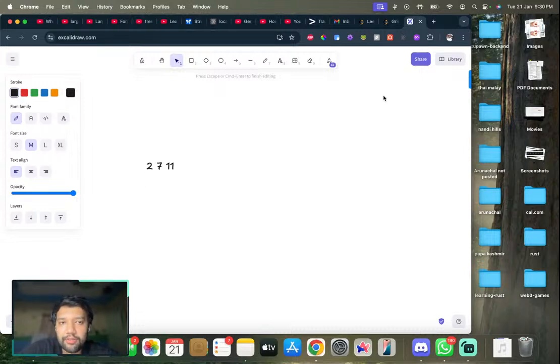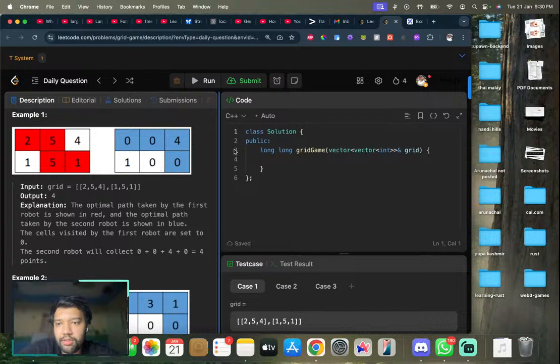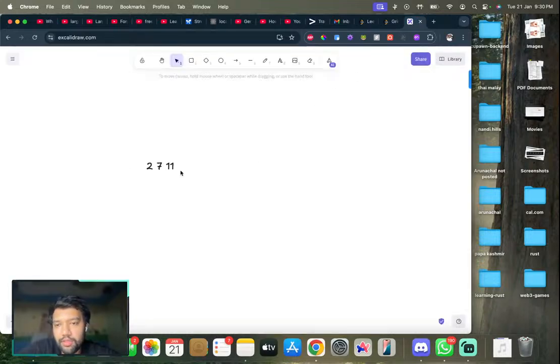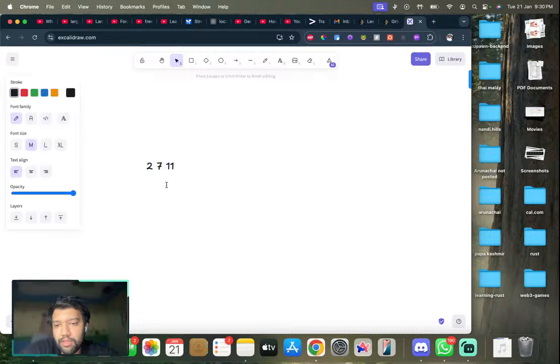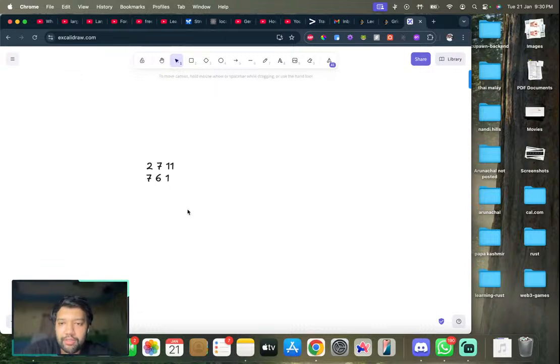Suffix for the second row: 7, 7, 6, 1. This would be the suffix for the second row.